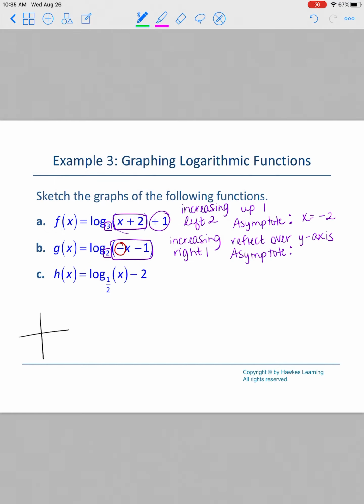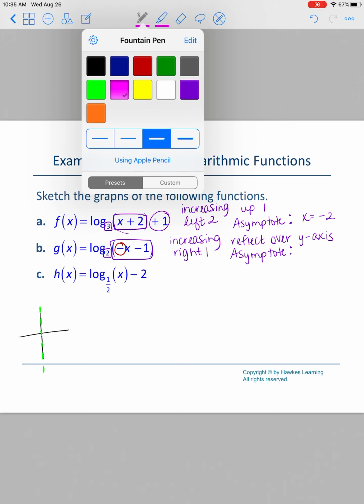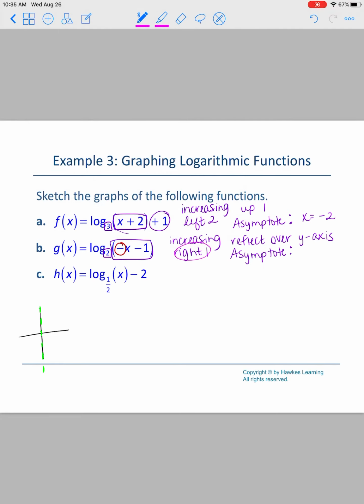If I had this asymptote that was this green line, but then I moved it right 1 because of this, my asymptote's now going to be here in the pink. But I did one other thing. I reflected it over the y-axis, which means now it's going to be over here at negative 1. So my asymptote's going to be at x equals negative 1.